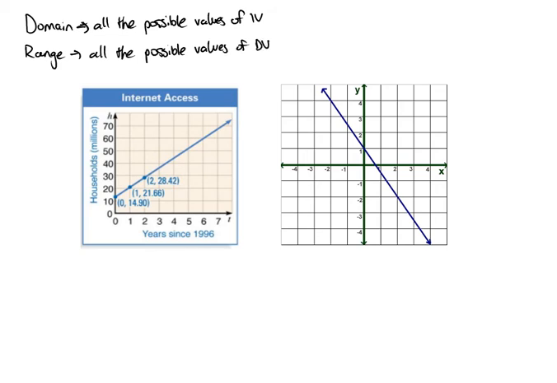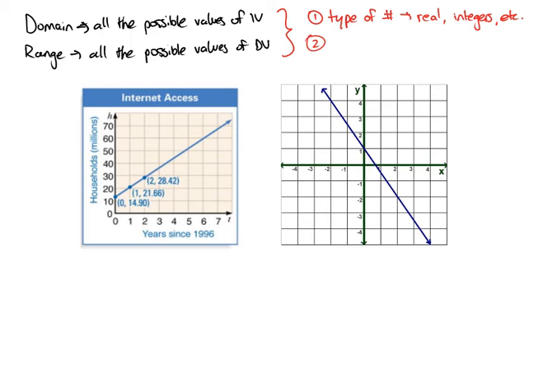When you're describing the domain and range, there are two main things you need to consider. The first thing is the type of number that represents that particular variable, for example, real numbers, integers, etc. Can you have decimals? Are you limited to positive and negative whole numbers? Things like that.